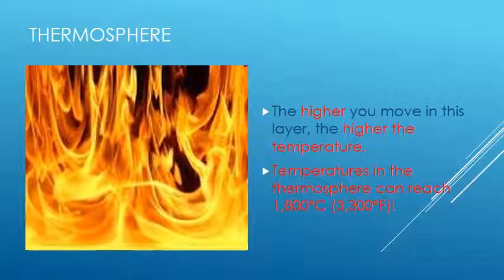And that temperature can reach as high as 1800 degrees Celsius. Now you know in science we're always talking SI measurement units, and that includes the metric system. But just to put it in perspective for you, in Fahrenheit, because that's how we think in the States, it's about 3,300 degrees Fahrenheit.